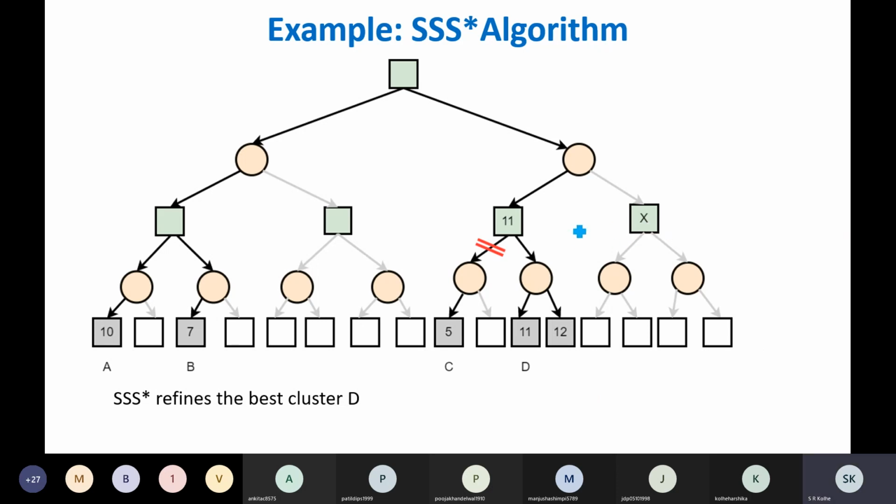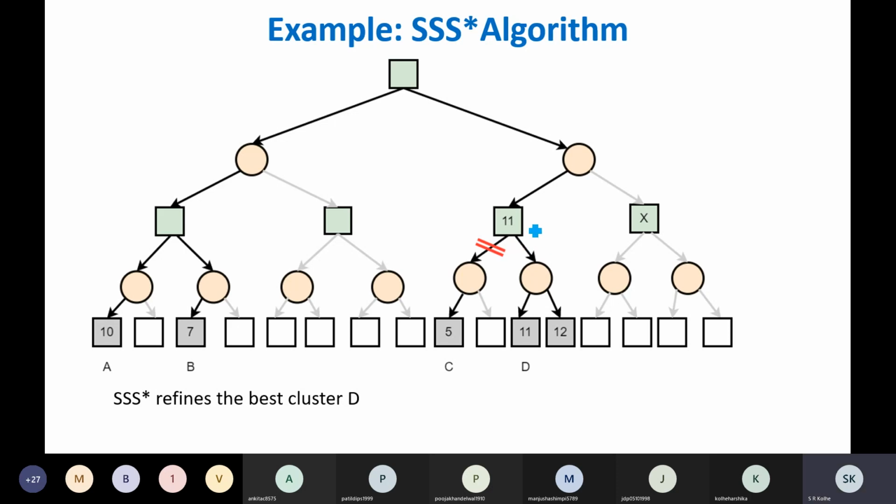This is common to both strategy C and D. D is better than C. Why? We have pruned this part. D is always better than C.